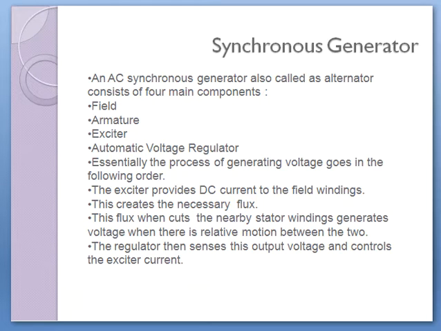This in turn creates the necessary flux. This flux, when it cuts the nearby stator windings, generates the voltage when there is a relative motion between the two. The regulator then senses this output voltage and controls the exciter current.